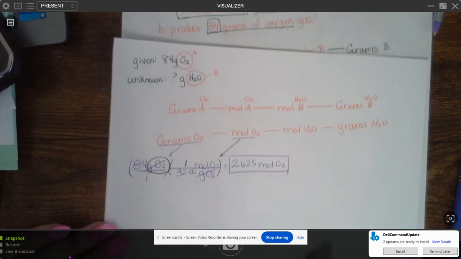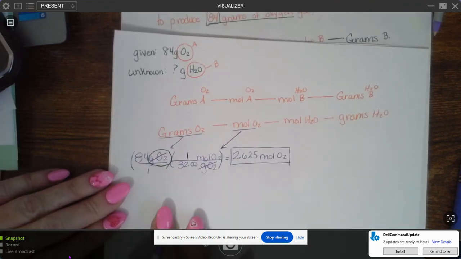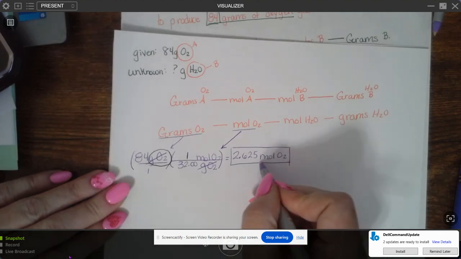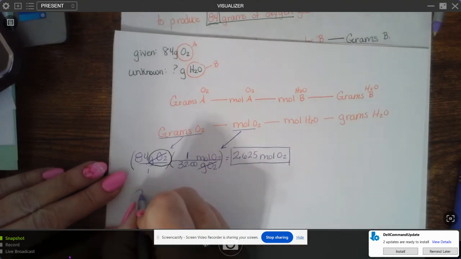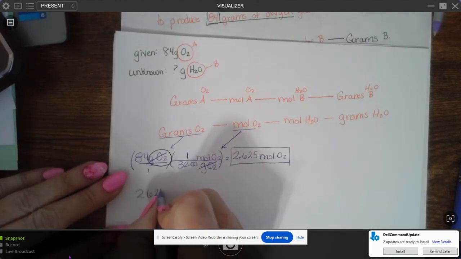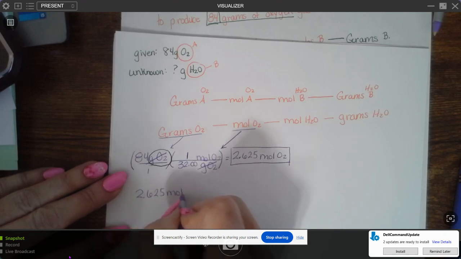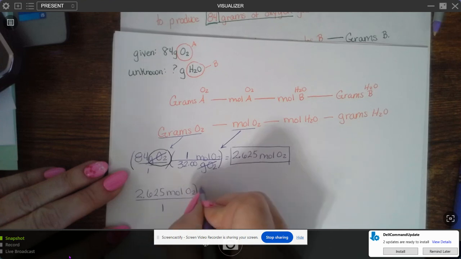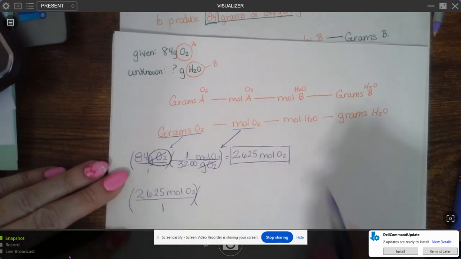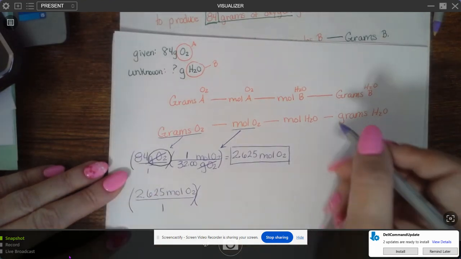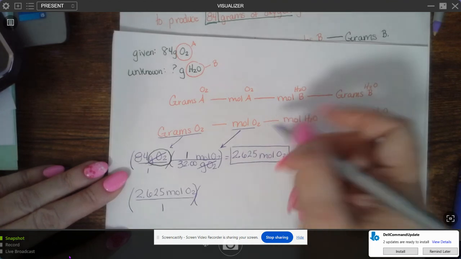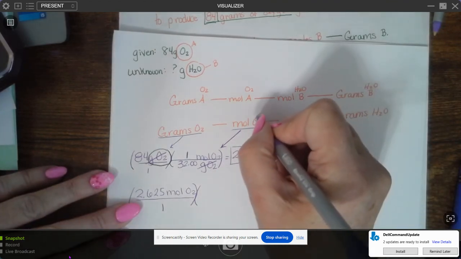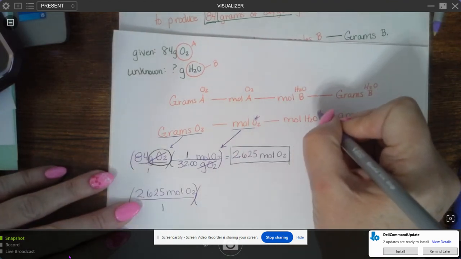All right, now I'm going to move this down and do a second step. The second step starts with 2.625 moles of O2. Now I'm going from moles of O2 to moles of H2O.